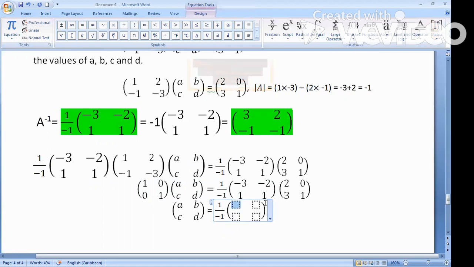All right. So when you multiply this now, what do you get? What's the first answer there? I got negative 12 and negative 2, 5 and 1. So you got negative 12, 2.